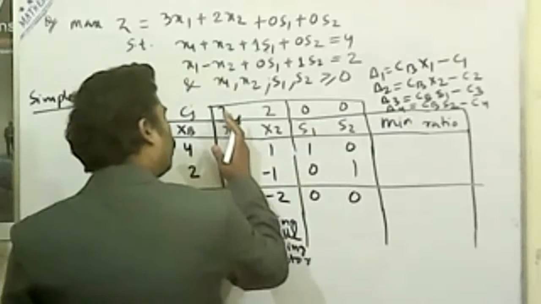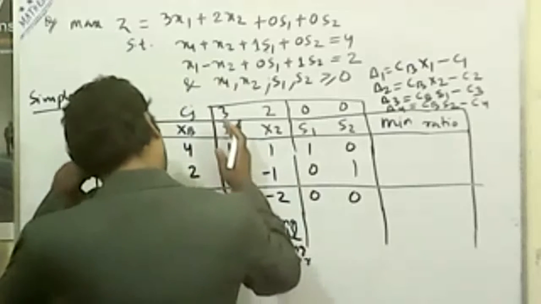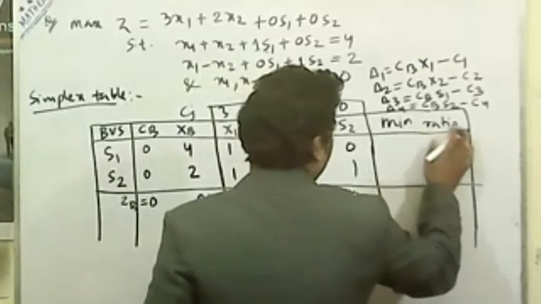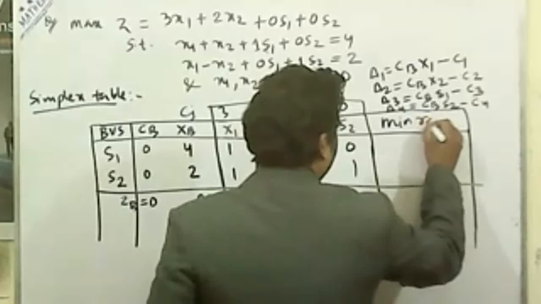This is the key column. Now you have to find the ratio.